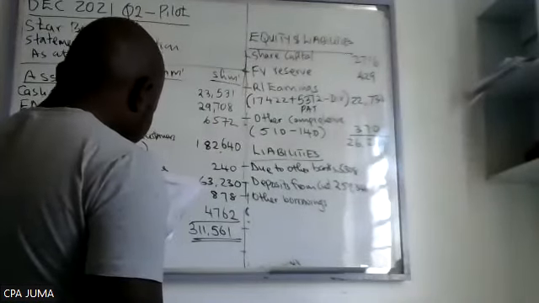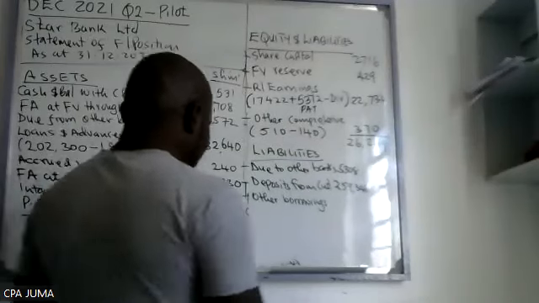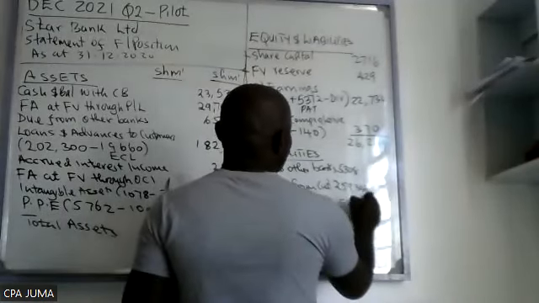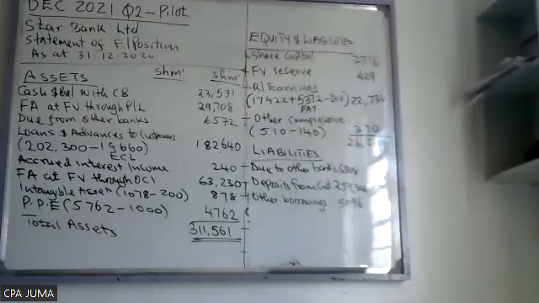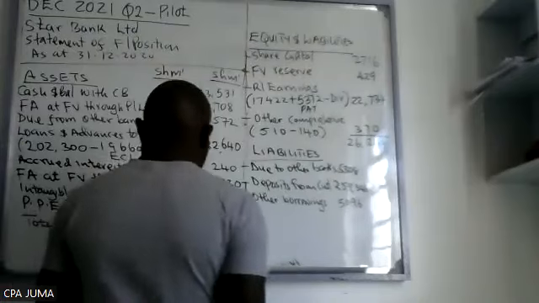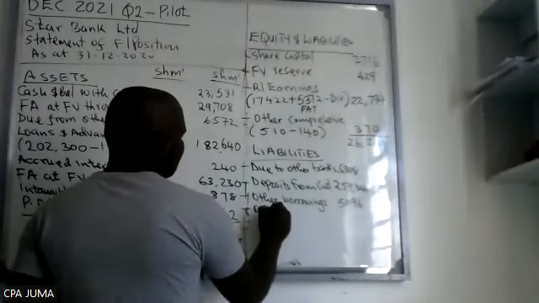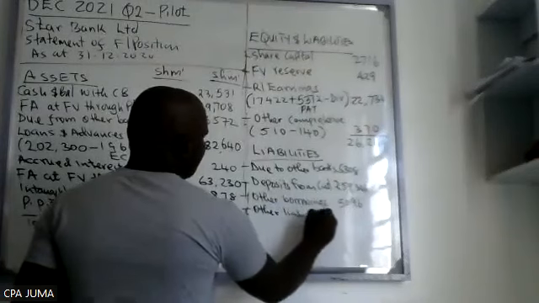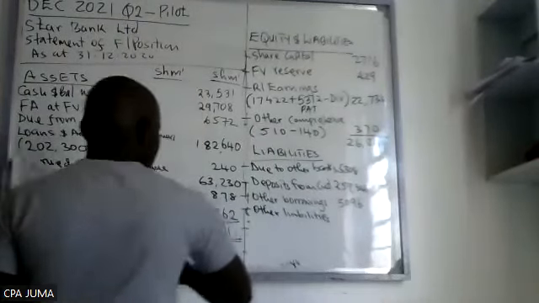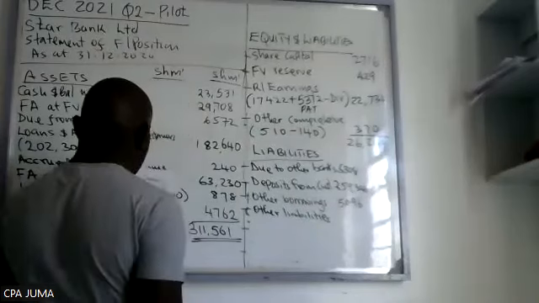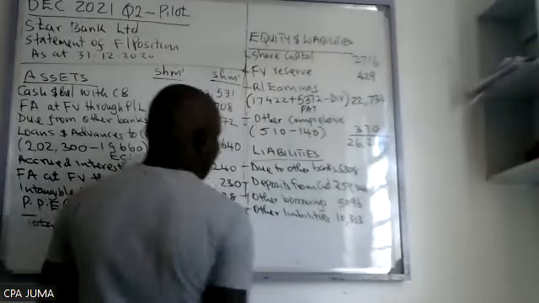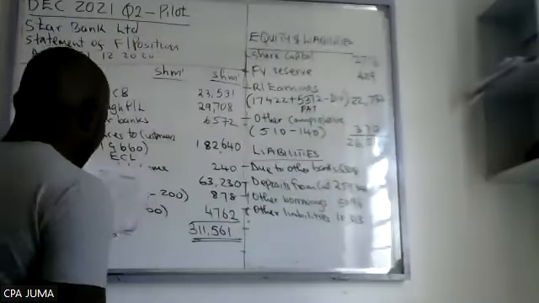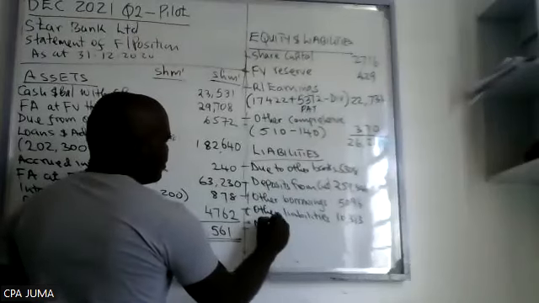I'm seeing there 5096. Then other liabilities. I'm seeing there 10,313. Then net pension liability.